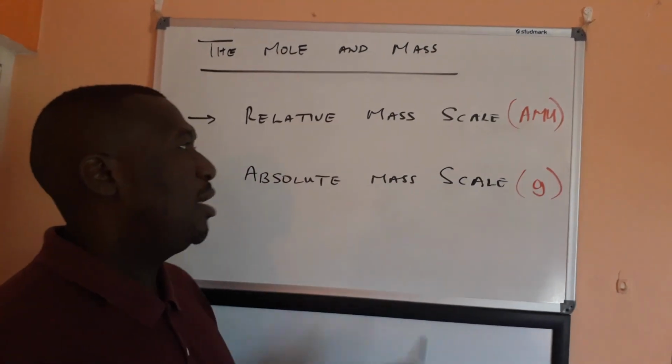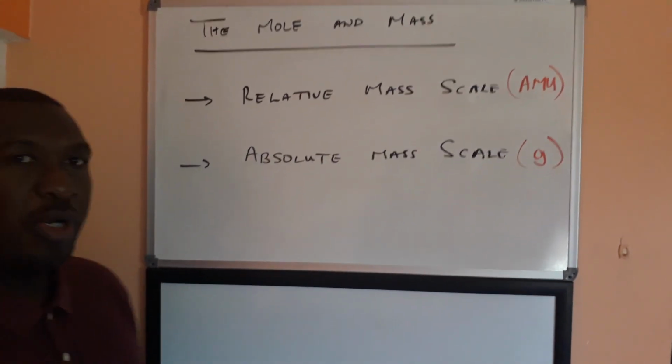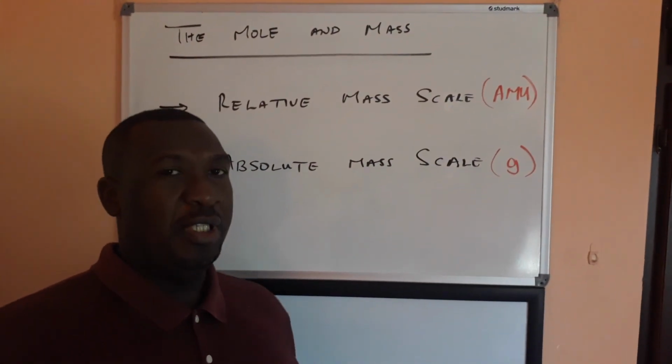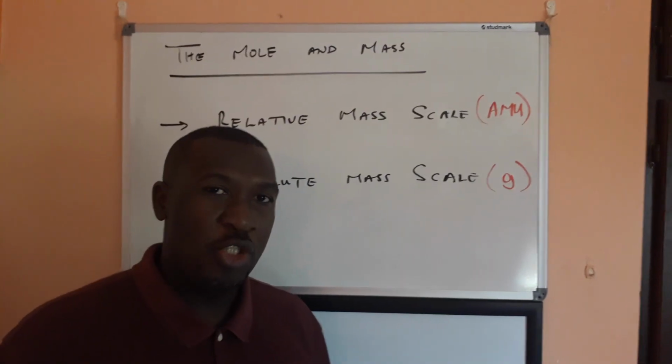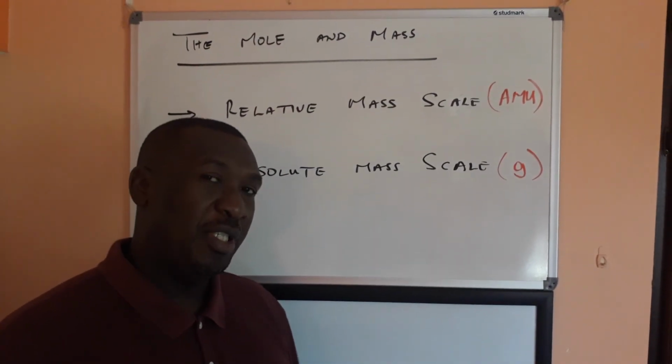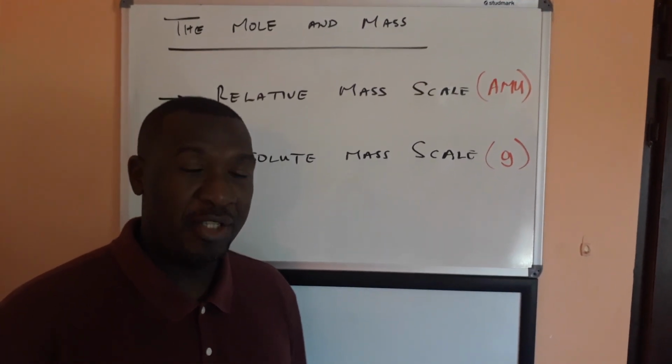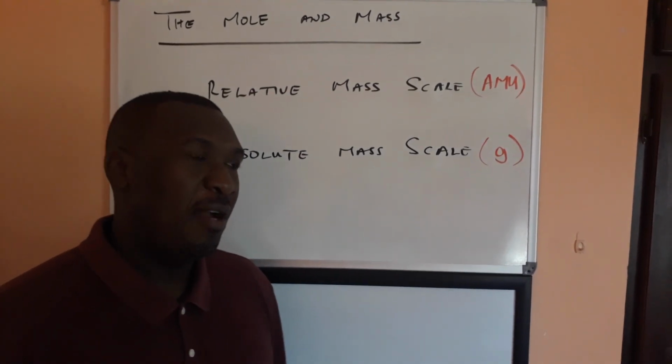Now, what's the connection? When you look at your periodic table, you see numbers: for magnesium, you see 24, for carbon, you see 12, and for hydrogen, you see 1 as the mass number. What does that really mean?